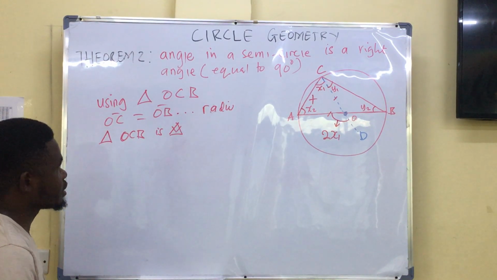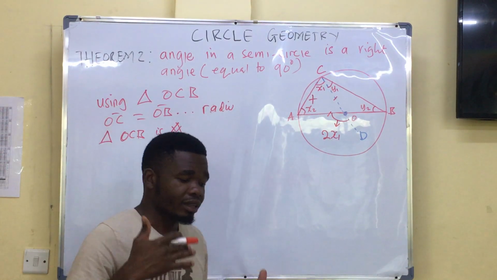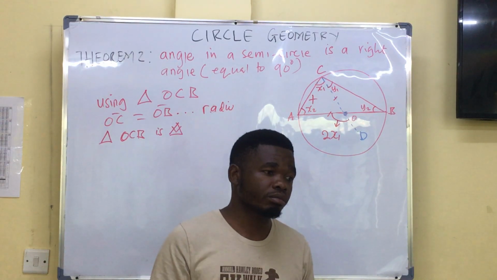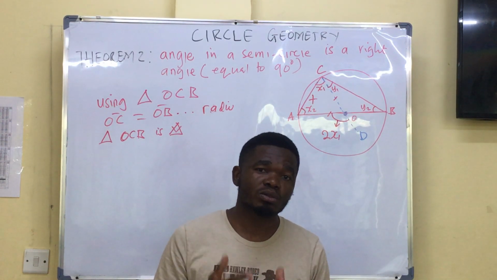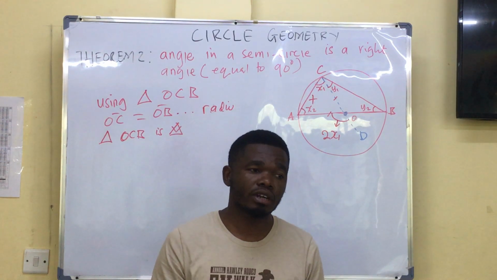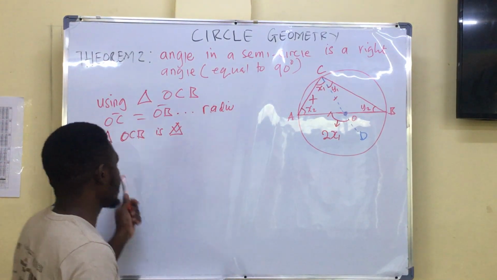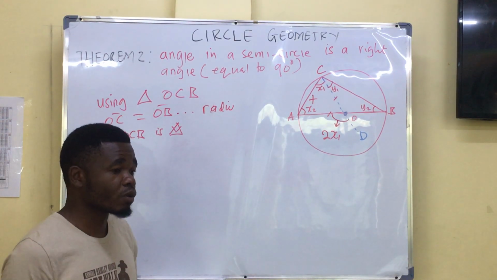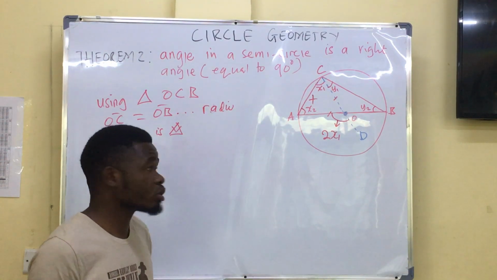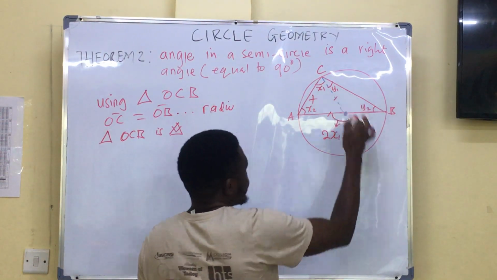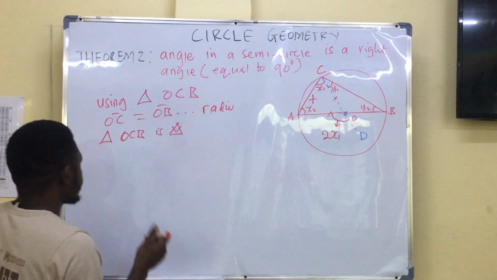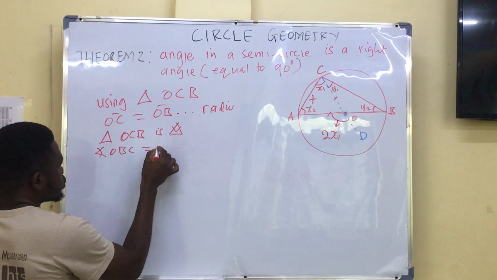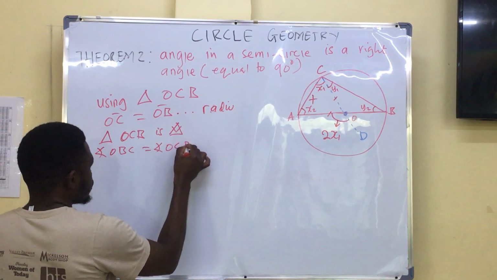Next, we know the properties of a triangle. The first one is that opposite sides of an isosceles triangle are equal. Another is that base angles of an isosceles triangle have the same value. We said that triangle OCB is an isosceles triangle, so the base angles are equal, meaning y2 is equal to y1. So angle OBC is equal to angle OCB.